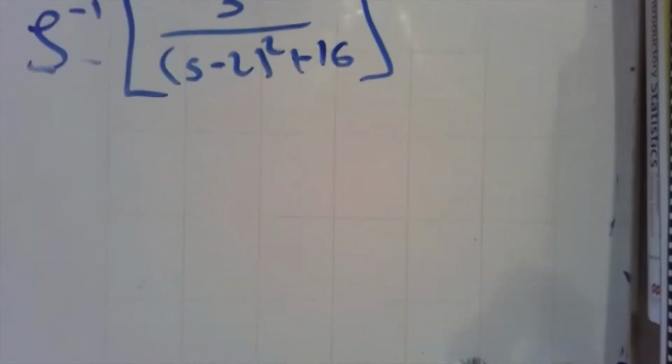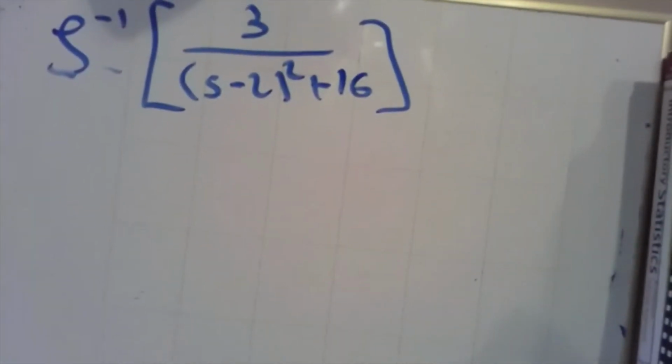Okay, now what if we have something, make it a little more challenging. What if we want the inverse Laplace transform of 3 over s minus 2 squared plus 16. Okay, so that matches something in our chart pretty well.